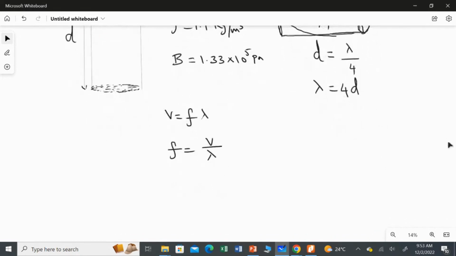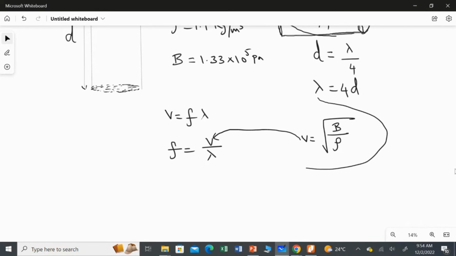Now I'm going to apply the rule for the speed. Here in this question, they gave the value of the bulk modulus as well as the density, and we studied this formula in the theory of chapter 17: speed is equal to the square root of the bulk modulus of the material over the density of the material. So I'm going to substitute this formula here. For lambda, because this well resonates at frequency 9 Hz, I'm going to substitute lambda as 4D.